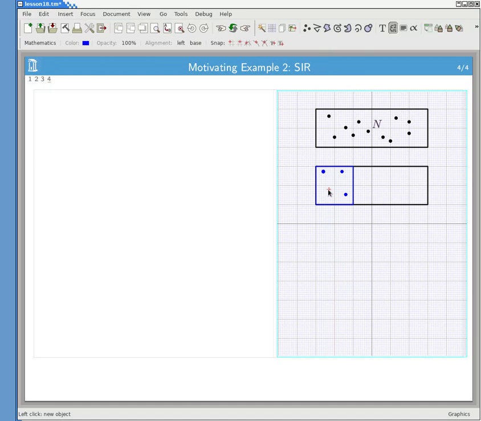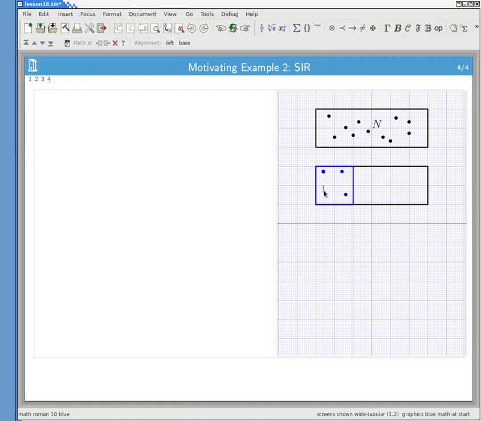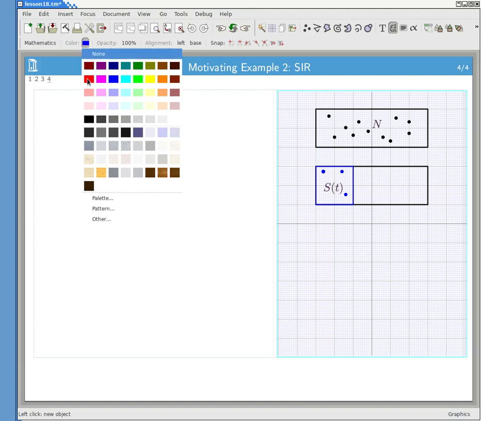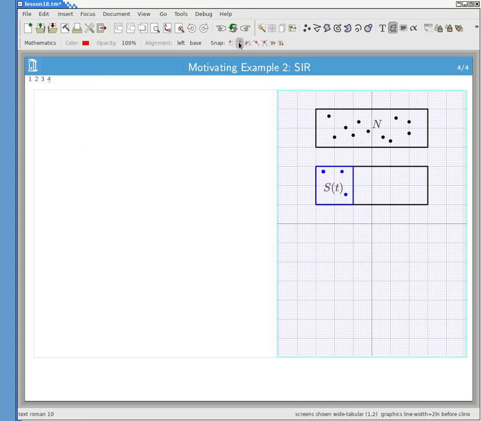We will denote the number of such individuals at any given moment in time by S of t. Then there are going to be individuals who are infected and hence also infectious. They will form the second compartment.